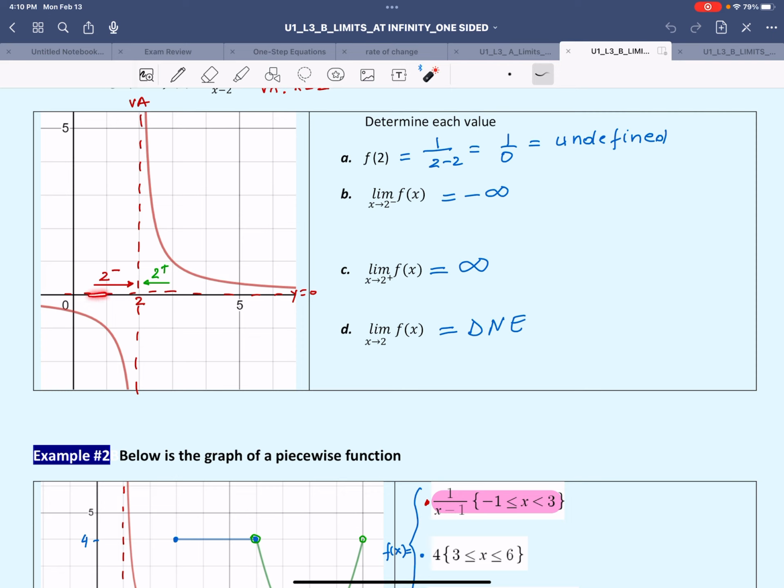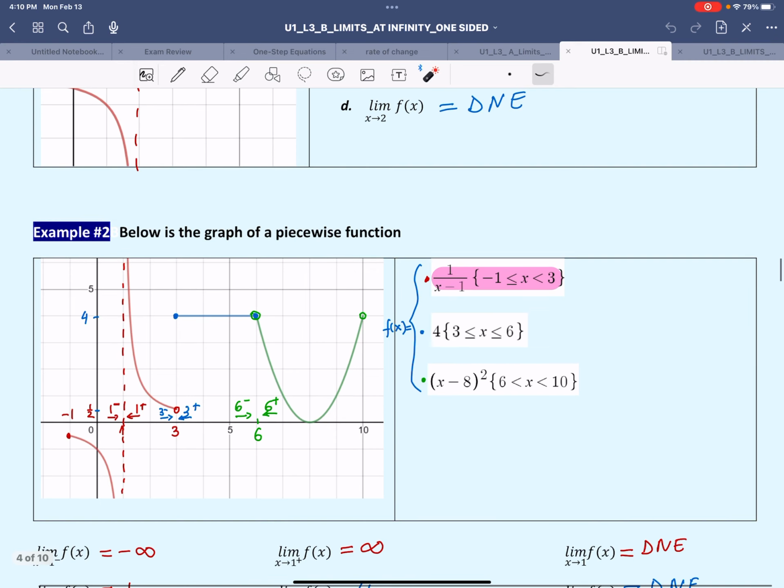As x approaches 2 from the left side of it, the values of y are going towards negative infinity. From the right side of it, the values of y are going towards positive infinity. As you can see, this explanation is quite graphical, so you need to draw the graph of the function in order to see what the limit becomes.